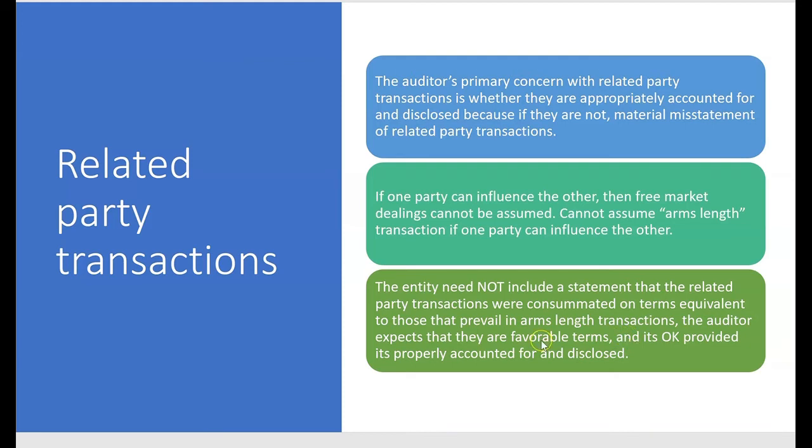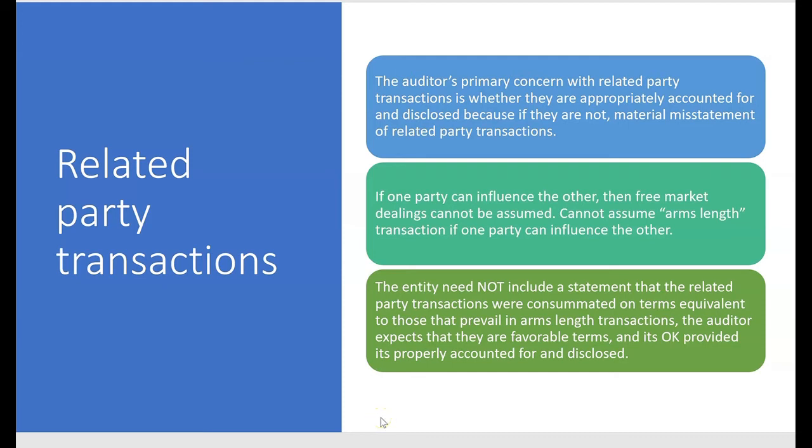The auditor expects that they're favorable terms, and it's okay, provided it's properly accounted for and disclosed. There's nothing illegal about a company granting a loan to a related party at below market interest rates. One company can absorb the expenses for the other, but it has to be properly disclosed.